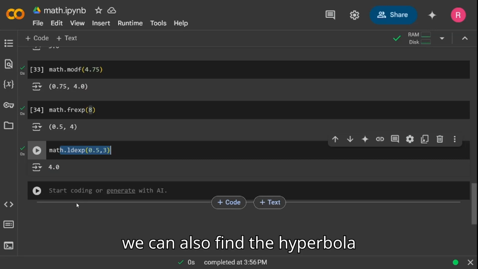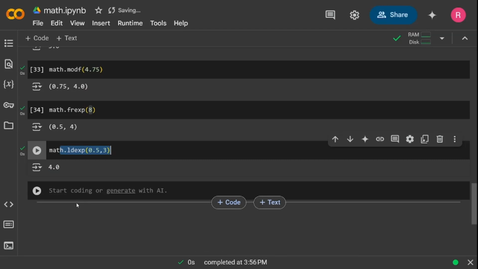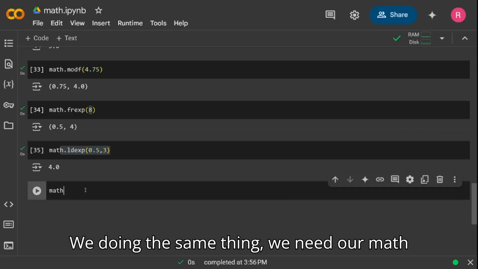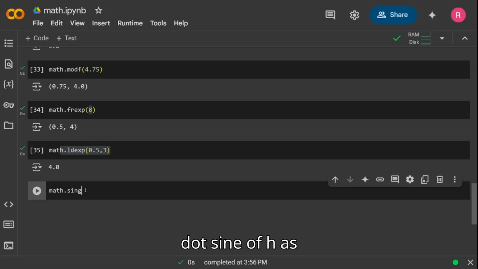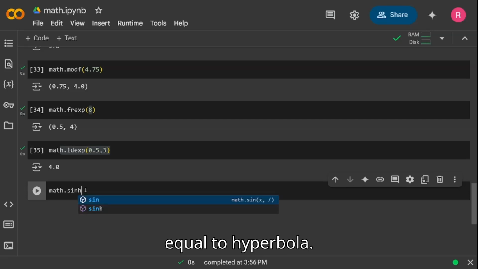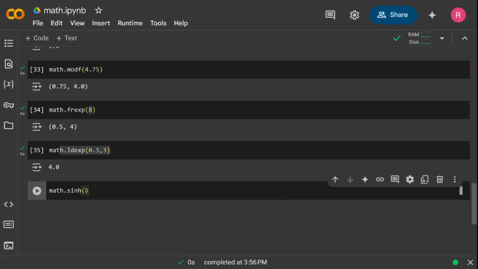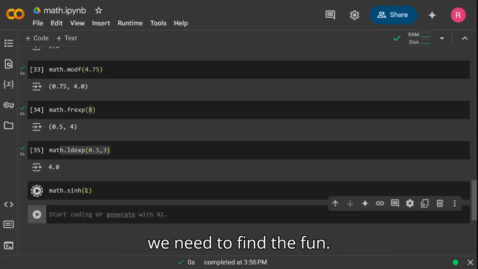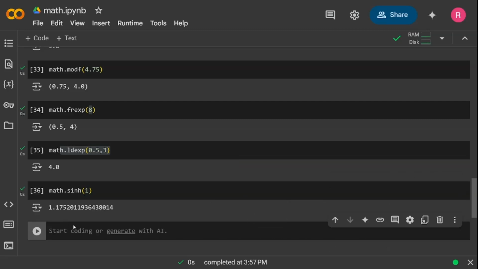We can also find the hyperbolic functions. We do the same thing: we need math.sinh for the hyperbolic sine. We can find the hyperbolic sine of 1. We got it.